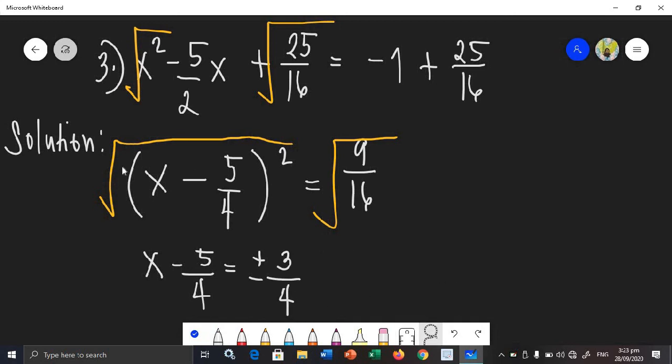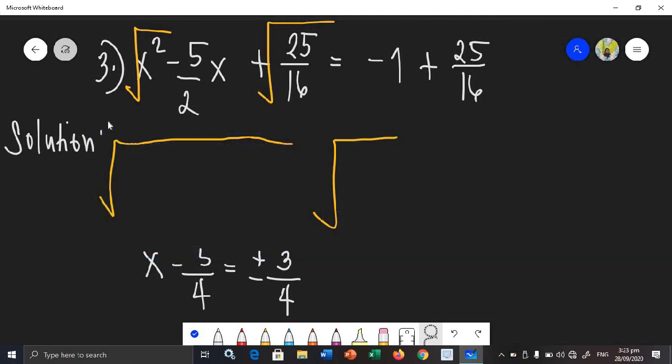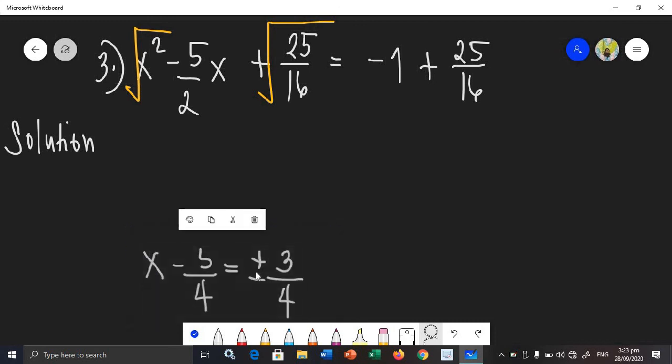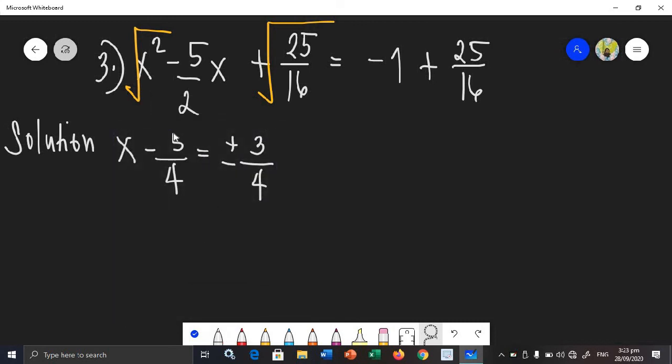Okay? So, I'm going to delete this part. Ayan, and i-move ko ito pataas para madayang space. So, this is, ano ba? Lagyan na lang siya x minus 5 over 4, diba?